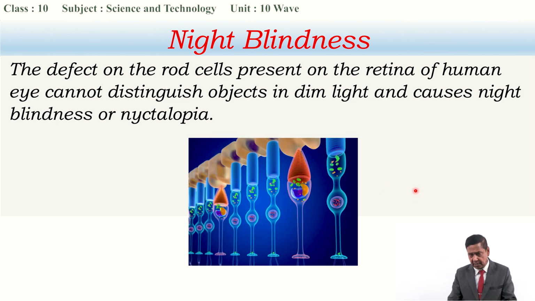Again I want to bring the same diagram. Look, these are the rod cells. They are responsible for identifying the condition of light. Cone cells are responsible for color, but rod cells are responsible for identifying the condition of light. Okay.